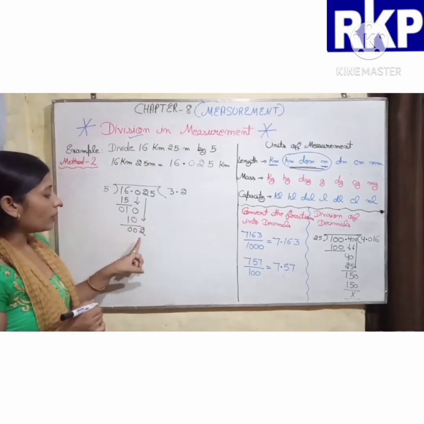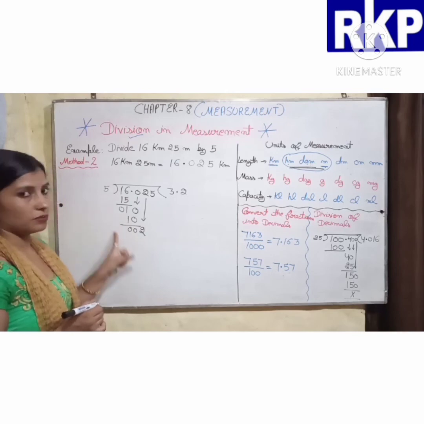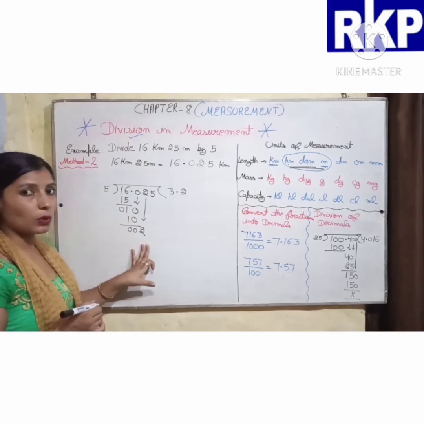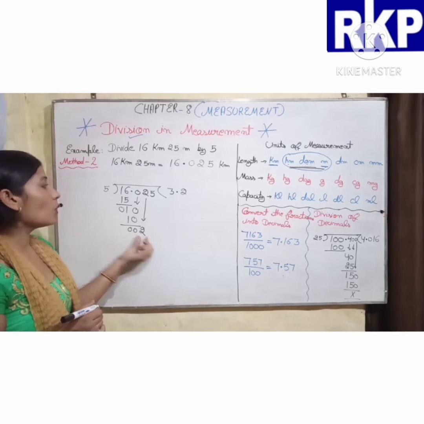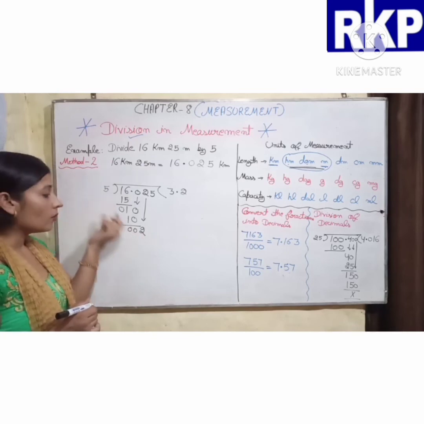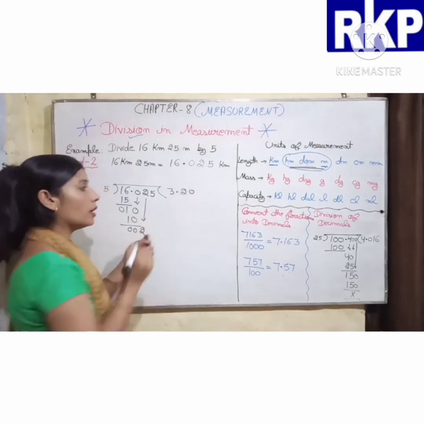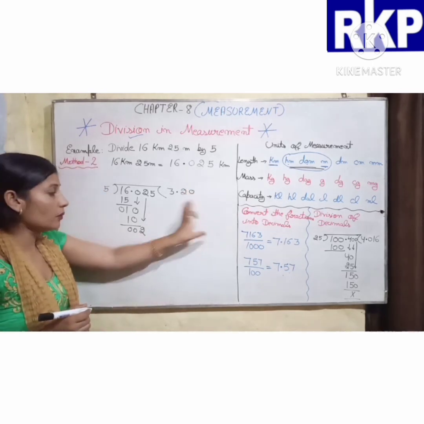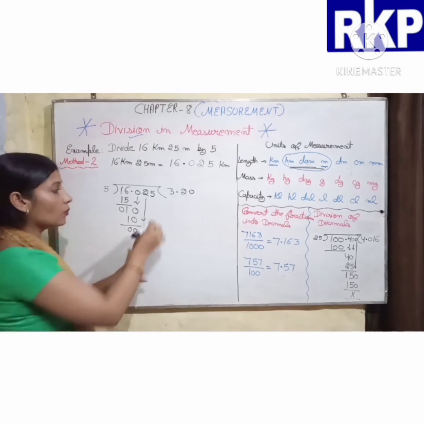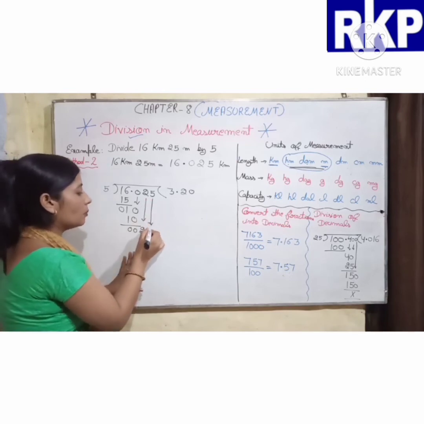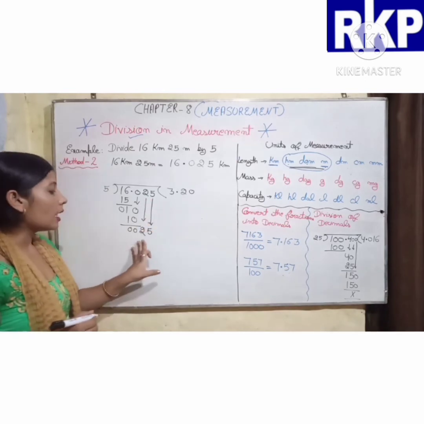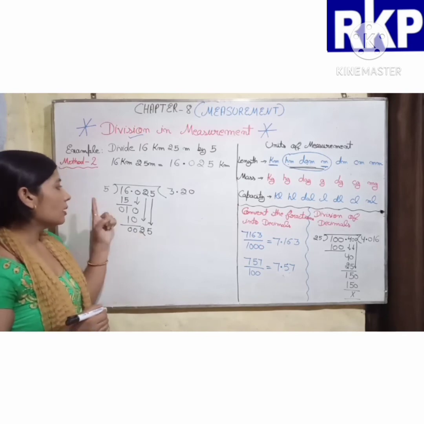Now can we divide 2 by 5? No, because 2 is smaller than 5. So what will we do? First, we put 0 in our quotient for this digit. Now we take the next digit.